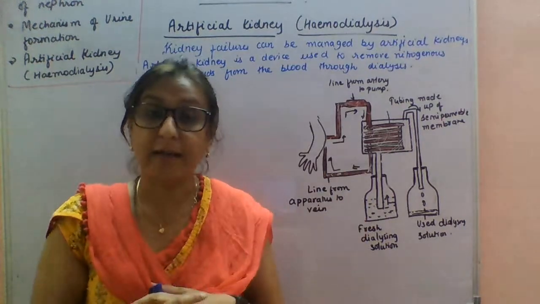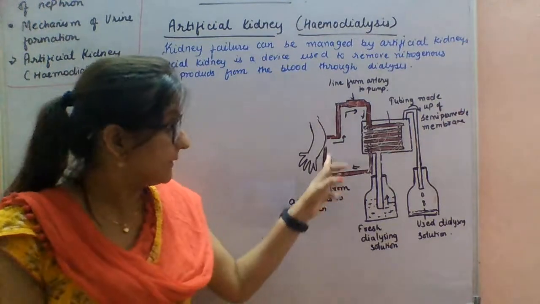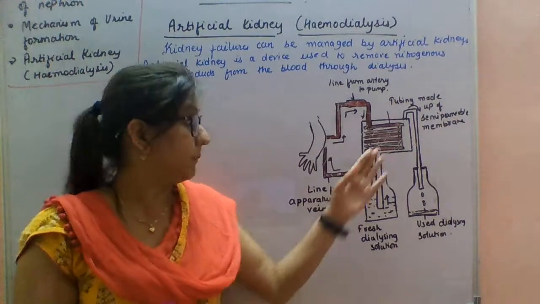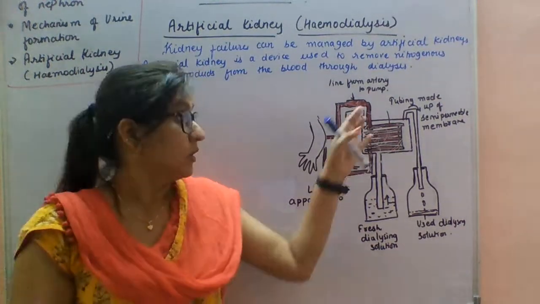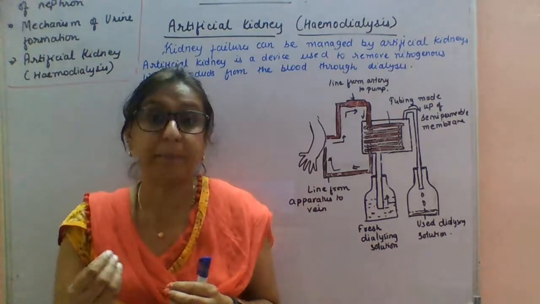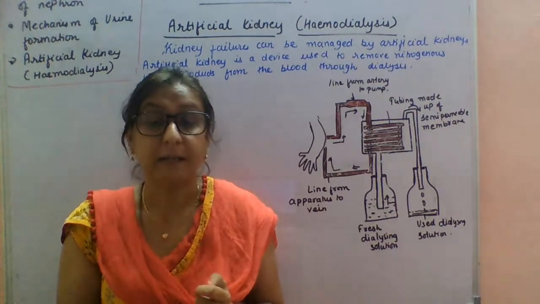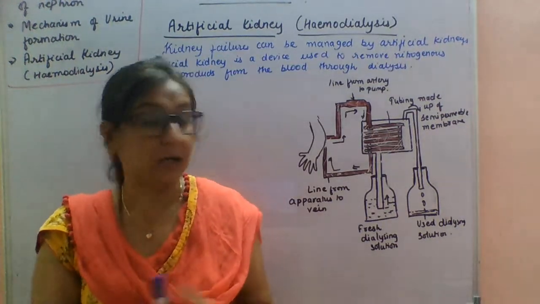So now we add anti-heparin, and connect this tube to the vein of the patient, and the blood gets transferred again into the patient's body. So by this process, the nitrogenous waste of the patient's blood can be expelled out of his or her body.